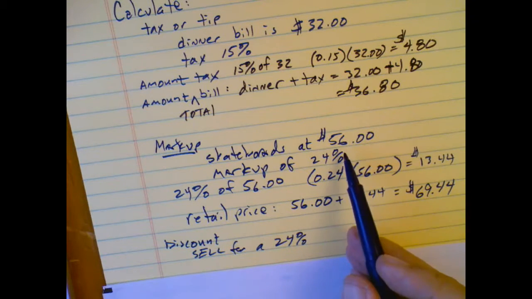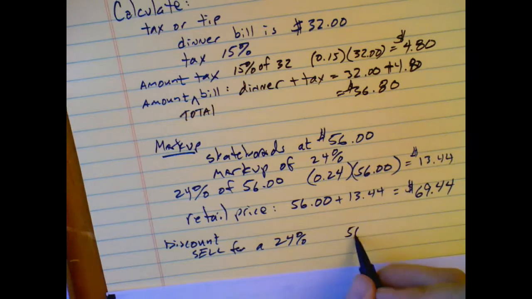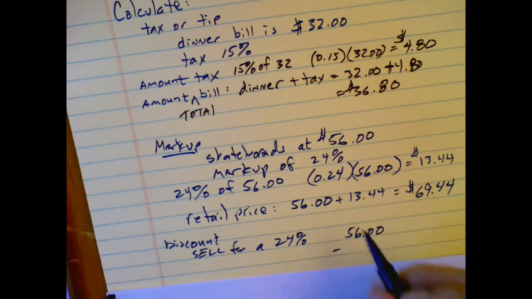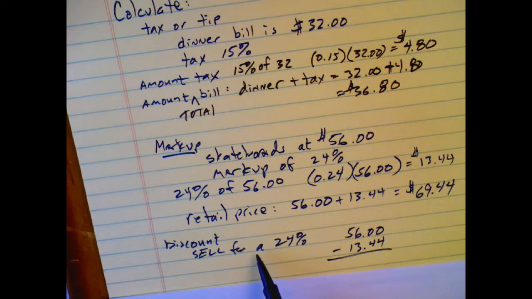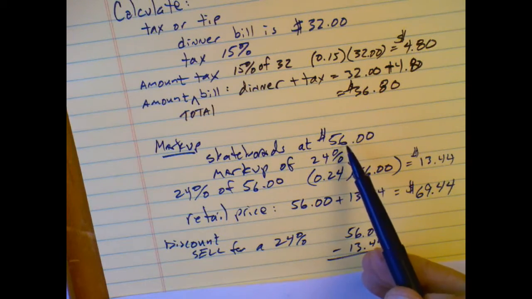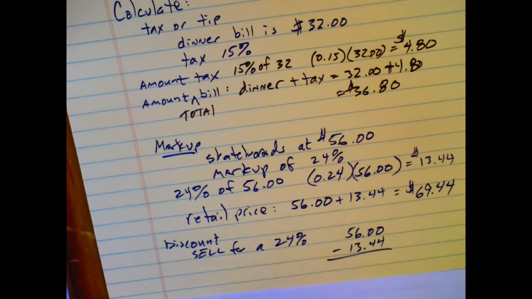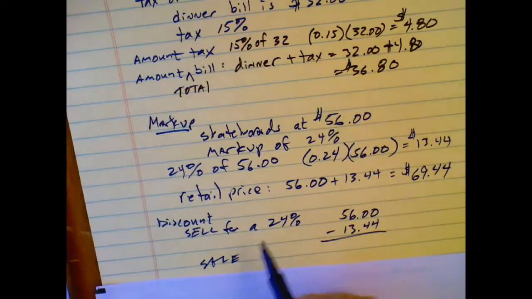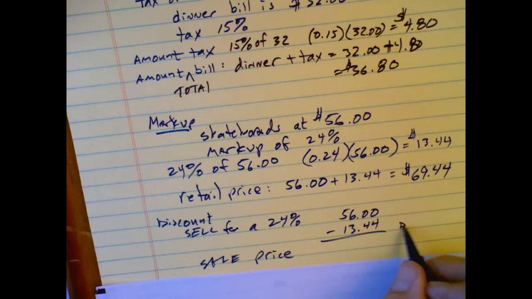If my retail price was 56, the 24% of 56 is still the same, but this time I'd have my retail price minus the $13.44. Hope that's clear. I'm selling things at 56, and hey, let's have a sale for 24% off. So the numbers would be the same, but this time the sale price is going to be what I'm selling it for minus my discount.